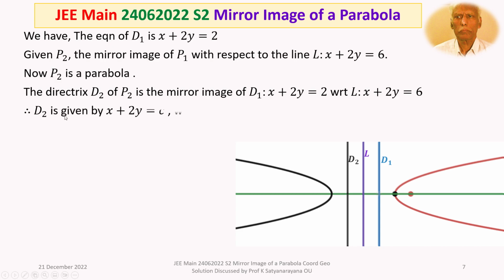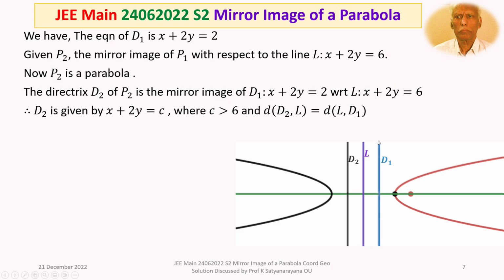Now d2 is given by, because d2 is a mirror image, it is parallel to both d1 and L. So its equation will be x plus 2y is equal to c, where c must be greater than 6. Why? L is x plus 2y is equal to 6 and d1 is x plus 2y is equal to 2.